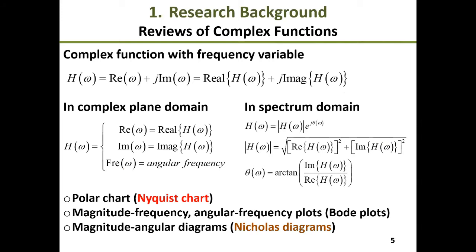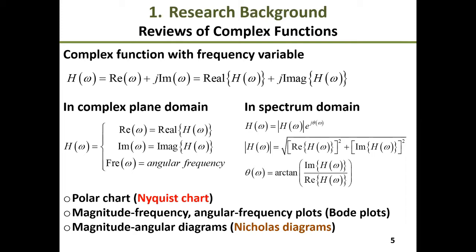Now let me review the characteristics of a complex function. As you know, we can model a network using the transfer function, and we can express the transfer function and the cell-loop function of a network in the complex plane domain or in spectrum domain.